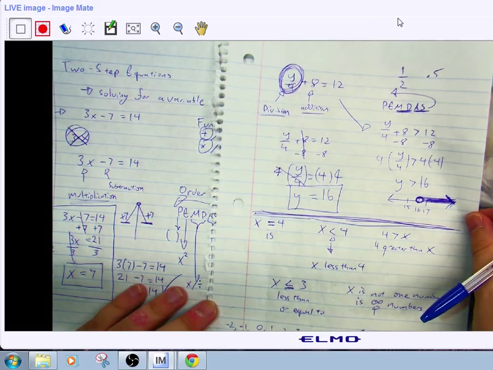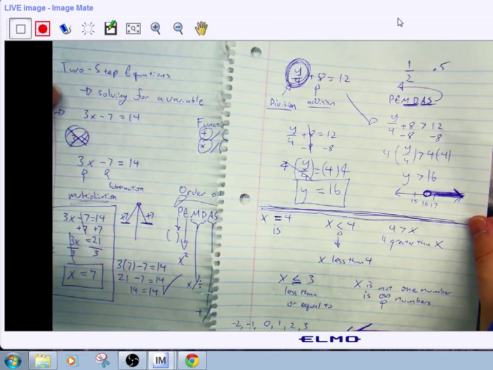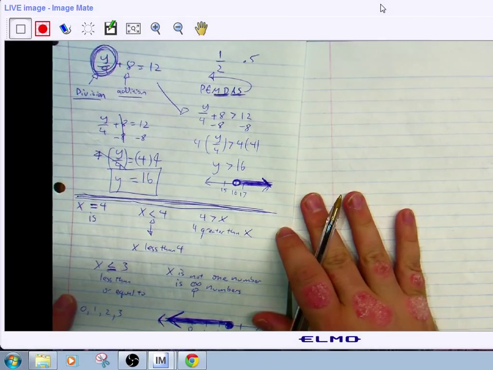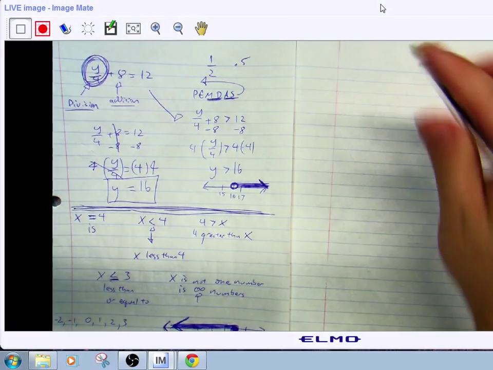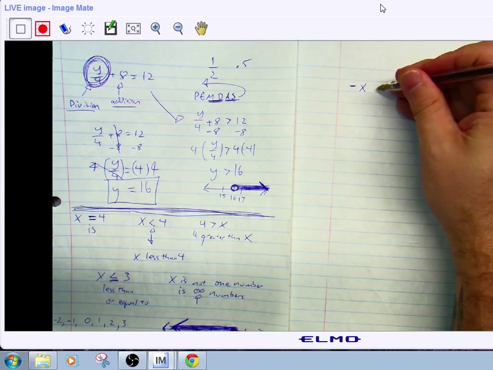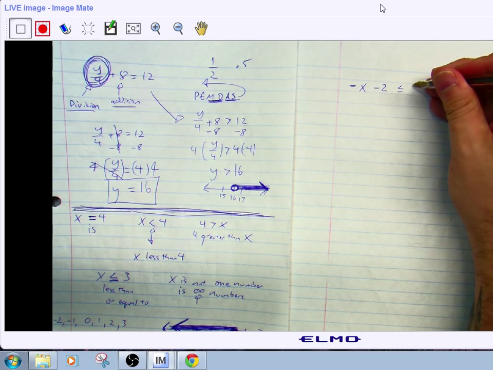I'm okay with that. All right, one final exception to all of this, because there's always an exception. We always got to treat the special rules here. So let's imagine instead I had negative x minus 2 is less than or equal to, we'll say, 4.